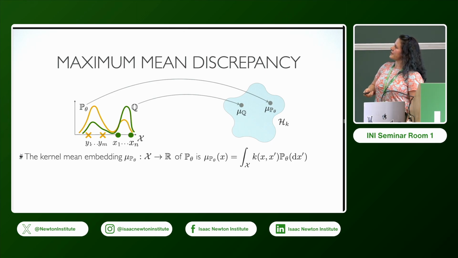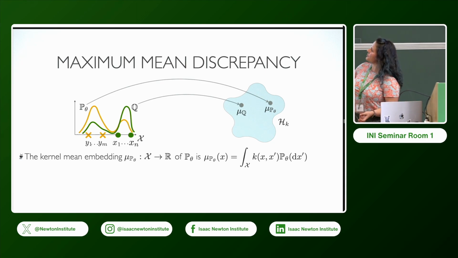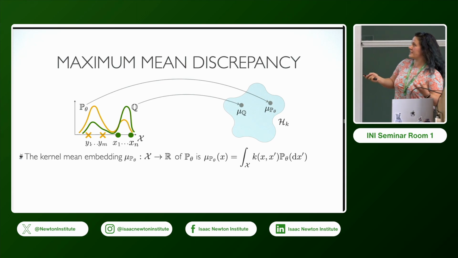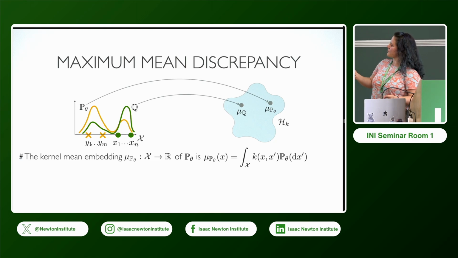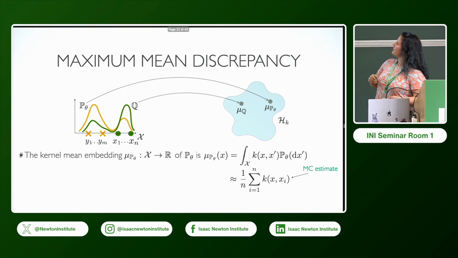Now, of course, in a practical scenario, I will likely not have access to the exact distributions. Instead, I might only have, let's say, m samples from the distribution p theta and n samples from q. So I'm going to need to estimate this kernel mean embedding, which is an integral.